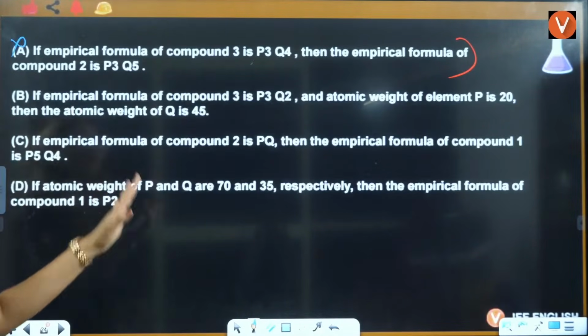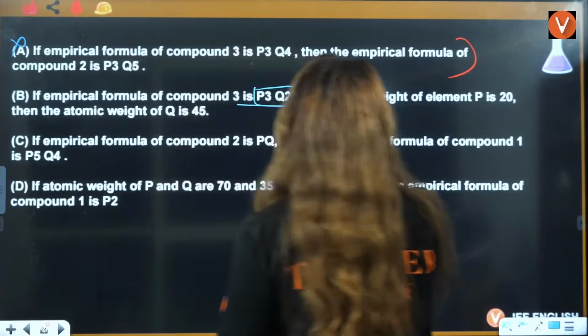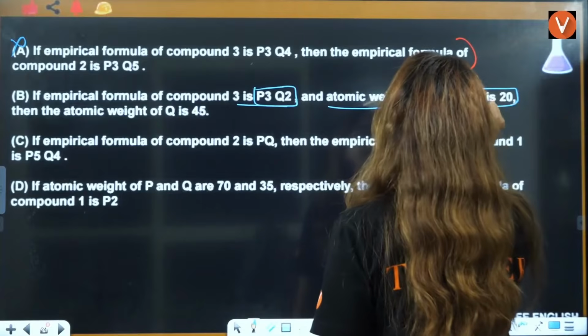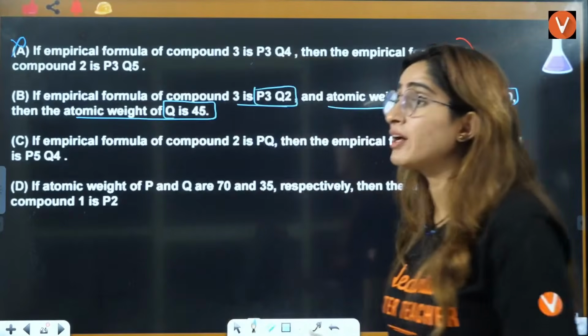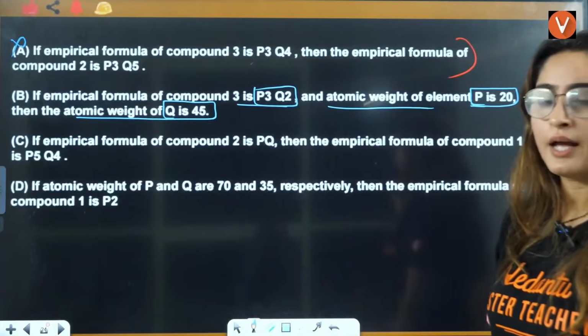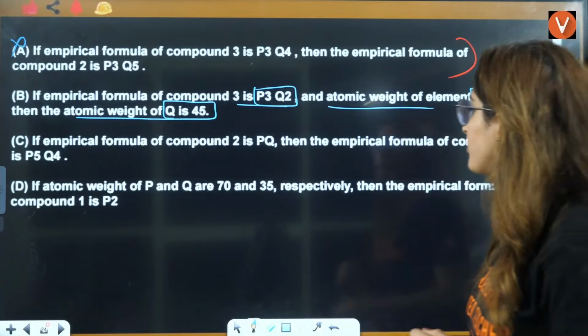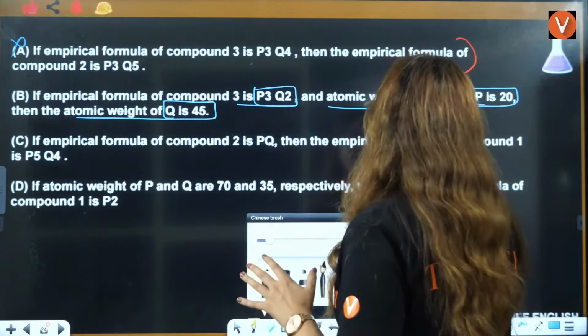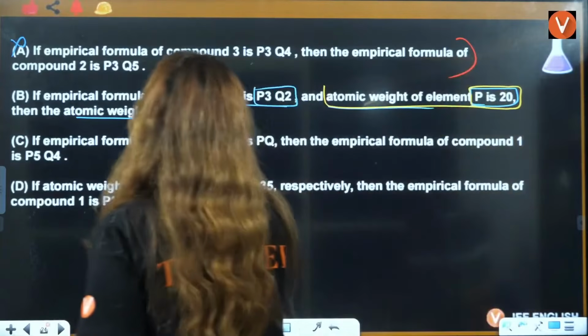If empirical formula of compound 3 is P3Q2, atomic weight of P is 20, atomic weight of Q is 45. Here you will apply empirical formula as well, right? So how you will apply? Empirical formula of the compound is P3. See, we have to put these values. P is 20, atomic weight is 45.